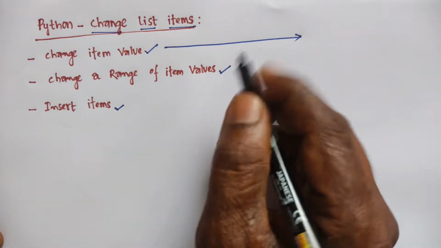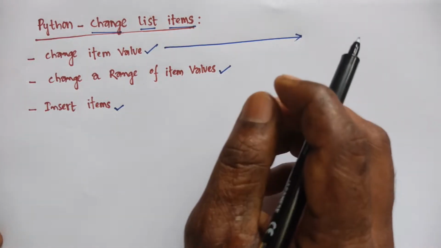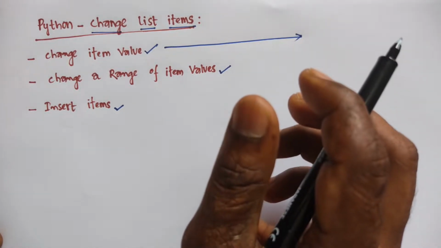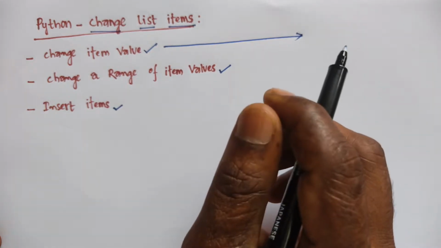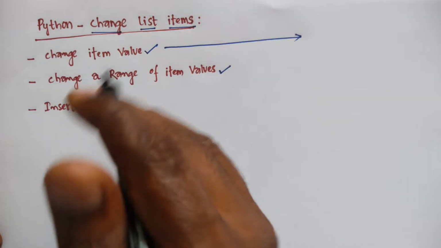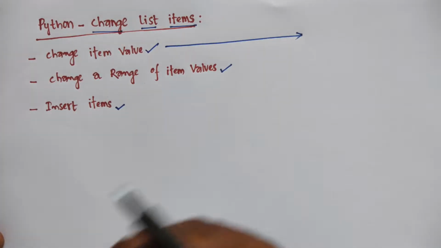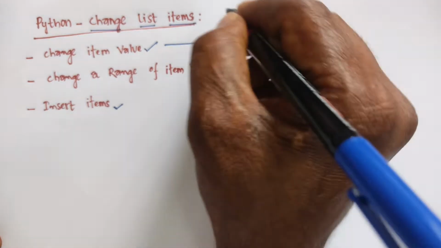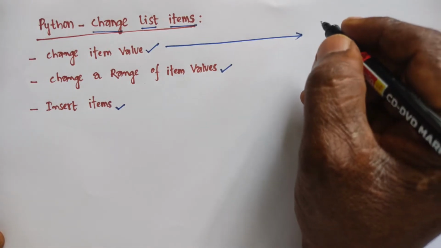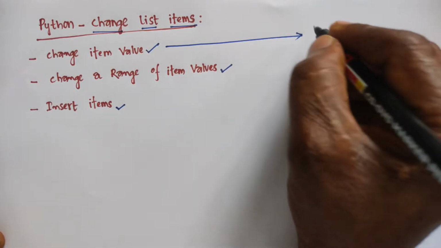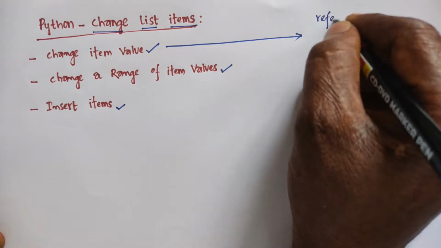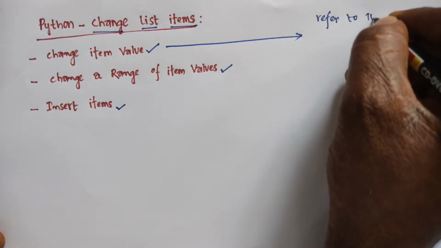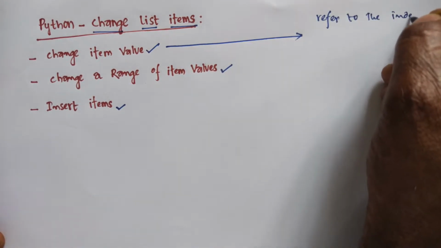Change item values: to change the value of a specific item, refer to the index number. So first of all, to change the range and insert the item, you have to have the indexing. First you have to refer to the index number.